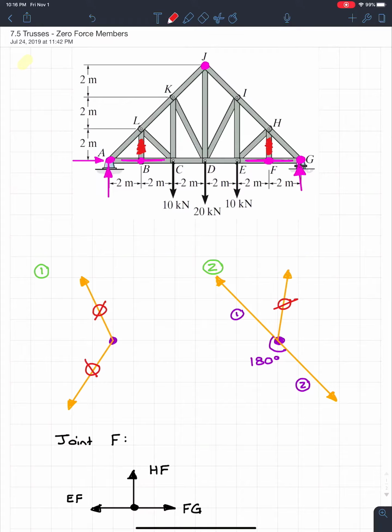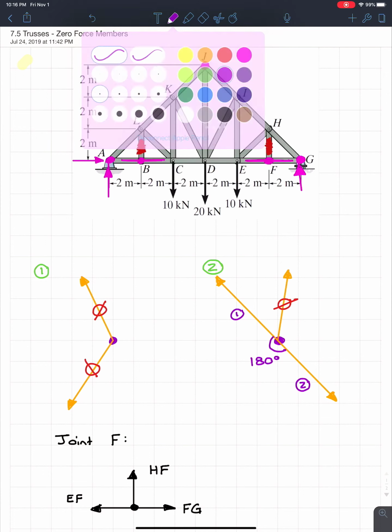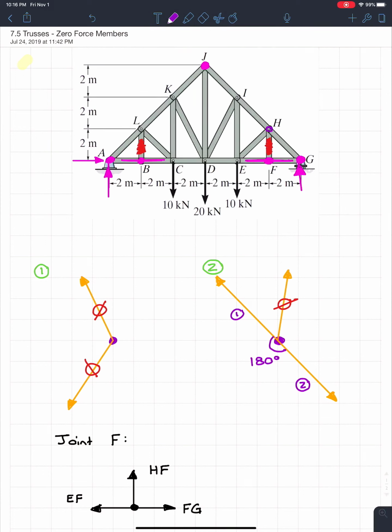So if I look right here at joint, I'm going to go to purple this time, joint H. We didn't look at joint H before because case 1 you need 2 members and case 2 you need 3 members, and joint H had 4, so we didn't care about joint H before.